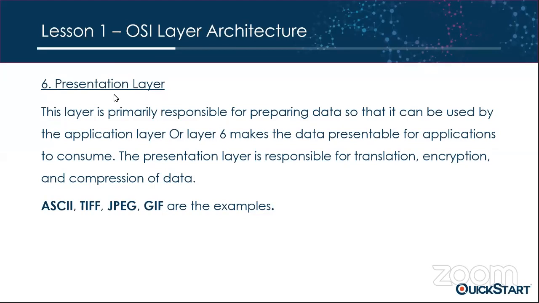It is the presentation layer's duty to compress the data according to the network requirement, right? The most common example would be GIF. It's a photo extension, JPEG extension, ASCII language, and TIFF is also, I think, an extension for photographs, right? Or any snap.